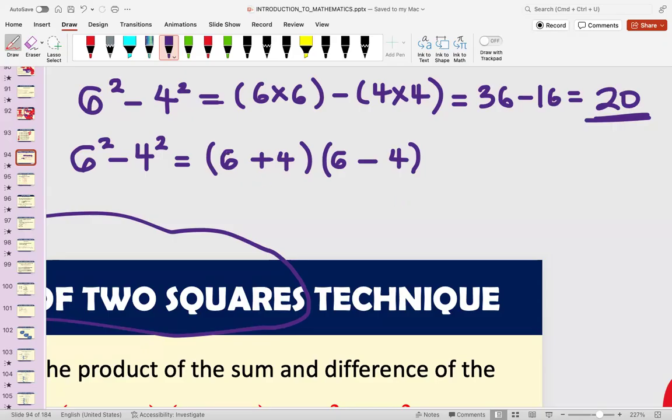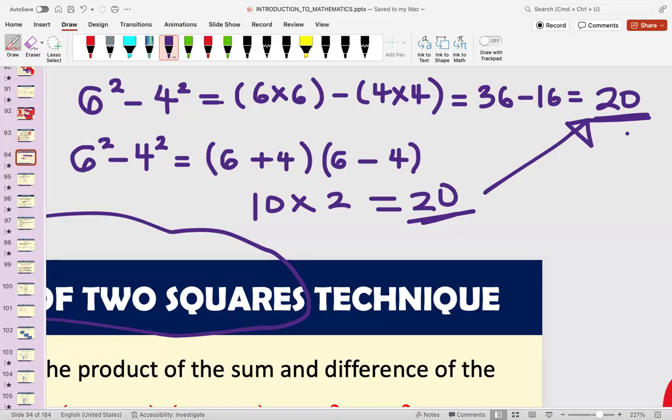So then we have 6 plus 4, 6 minus 4. 6 plus 4 is 10. 6 minus 4 is 2. 10 multiplied by 2, 20. And that's the same 20 we used the long roots to find here.